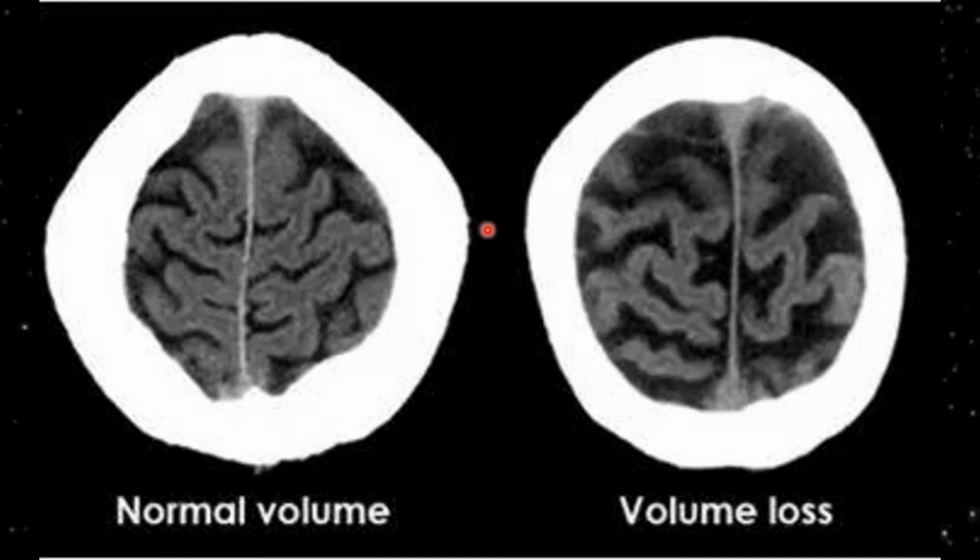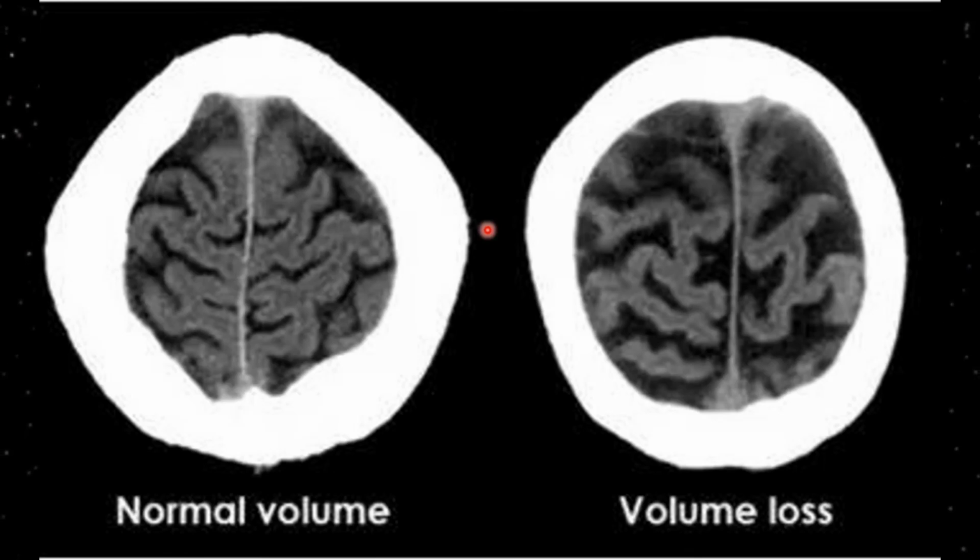On this image you can again appreciate the normal volume of the brain and the volume loss, and you can see that the gyri are very small in the atrophic brain, and the sulci are quite bigger. Here you can appreciate one more thing, the central sulcus, which is approaching the midline, and in the center there is the falx cerebri.